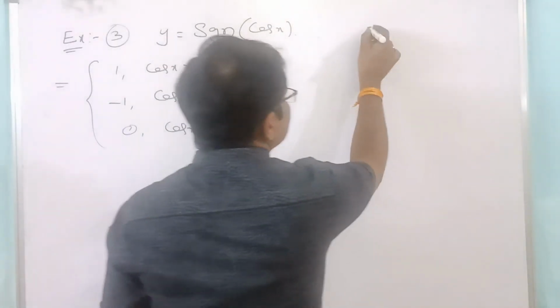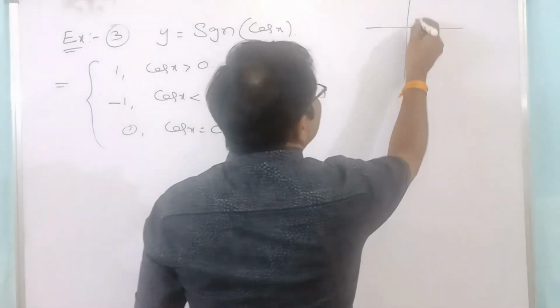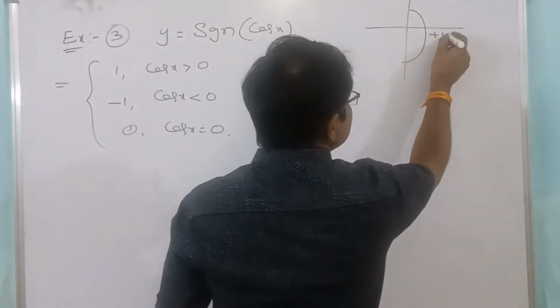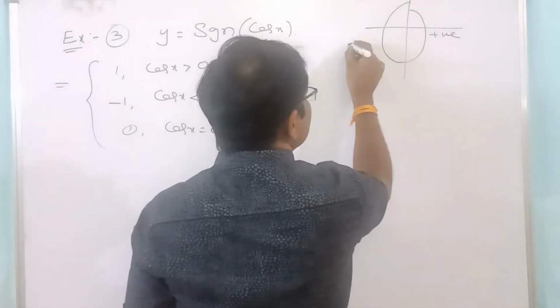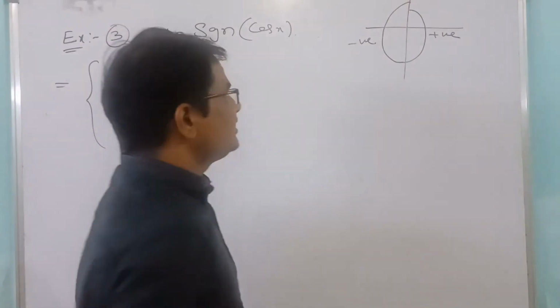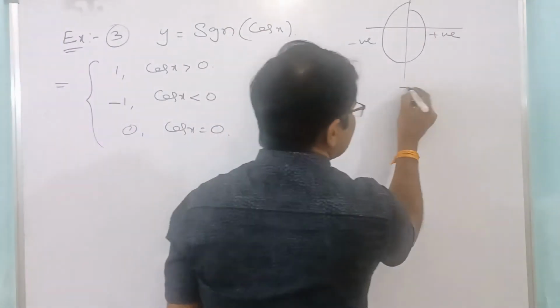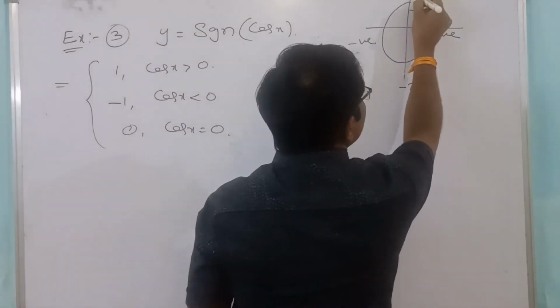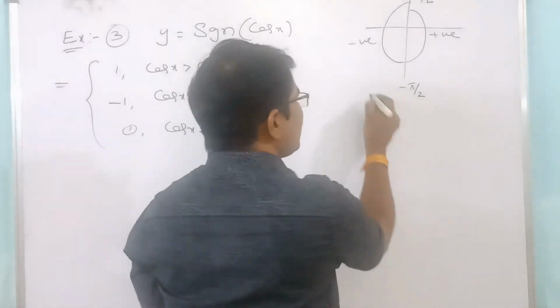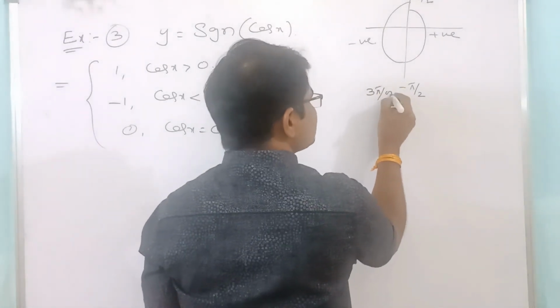So in this interval cos x is positive, here to here cos x is negative, right? First quadrant and fourth quadrant cos is positive, means here you can take minus pi by 2, here plus pi by 2, or here 3 pi by 2 also, right?